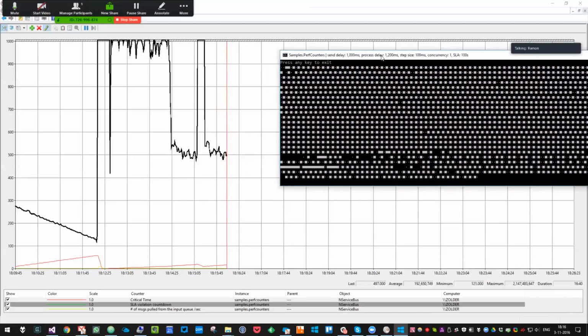So to make things worse, right? Currently we're sending just 1 message per second, and average processing time, let's keep it like this. So we have a processing duration of 1 second, sending of 1 second. So let's send a little bit faster, right? Because now more orders are coming in per second.